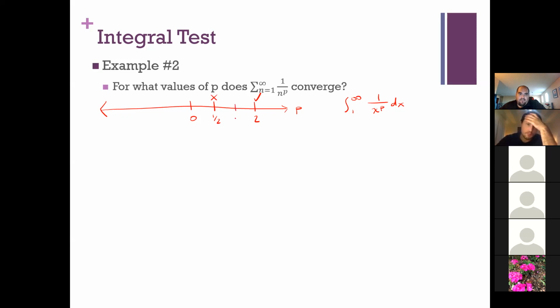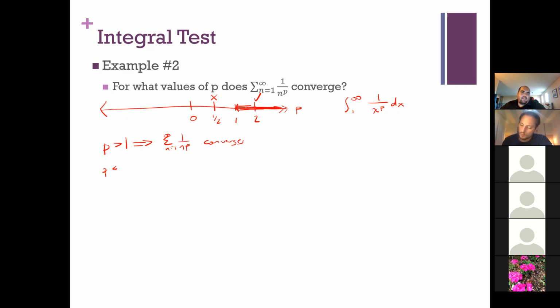And we know from previous work that the dividing line is 1. So yes, that is true when p is strictly greater than 1. So when p is strictly greater than 1, I know that this series converges.